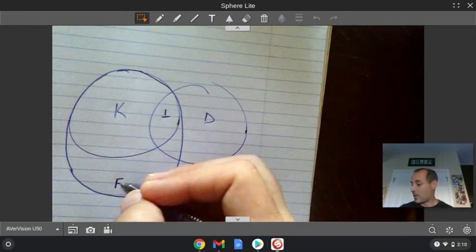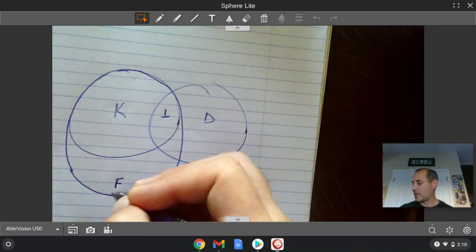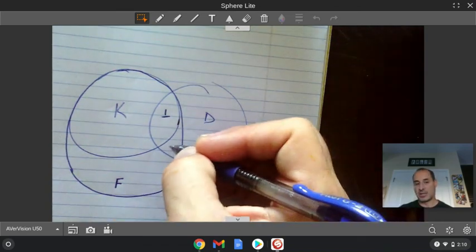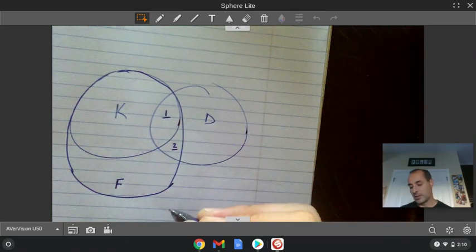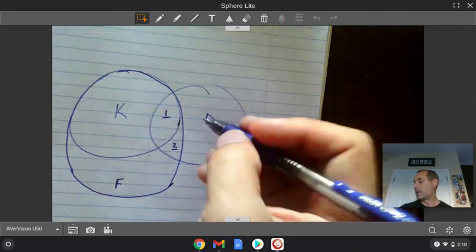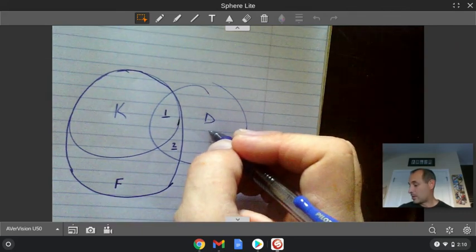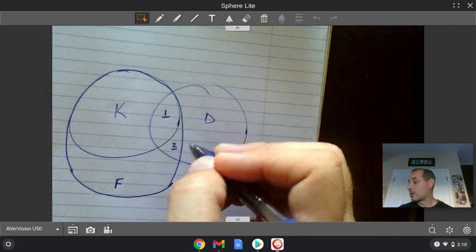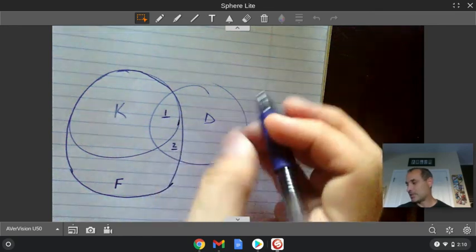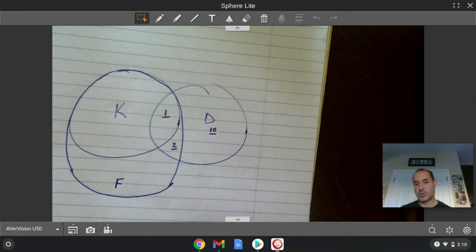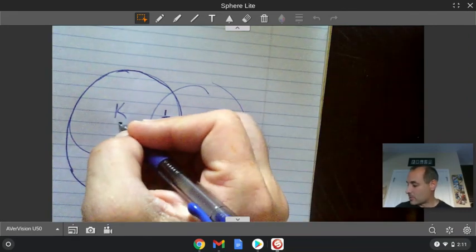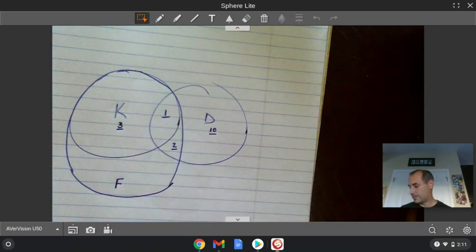Now, there are two other cards that are face cards and diamonds. That is the queen and jack of diamonds. So there are two cards that fit right there. Now, because there are 13 of each suit, there are 10 other diamonds. There are 3 other kings.